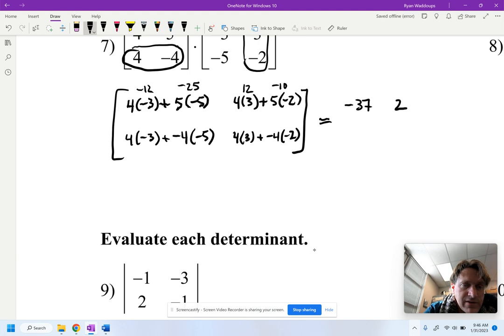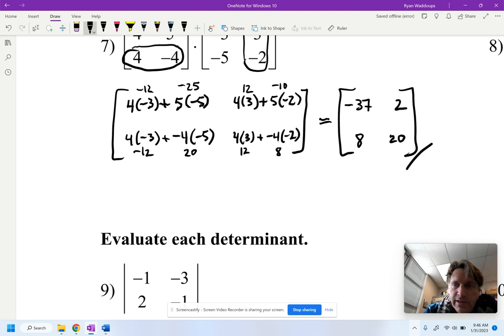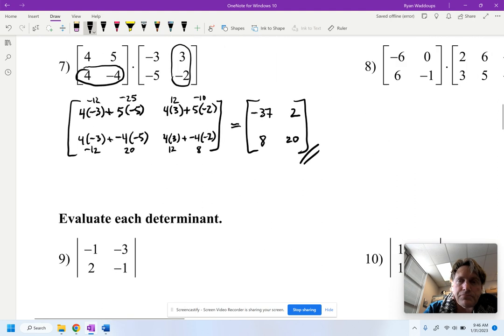And then 4 times negative 3 would be negative 12. Negative 4 times negative 5 would be positive 20. Negative 12 plus 20 would be 8. And then 4 times 3 here would be 12. And negative 4 times negative 2 would be positive 8. And 12 plus 8 is 20. And so that matrix is the result of multiplying those two matrices together.